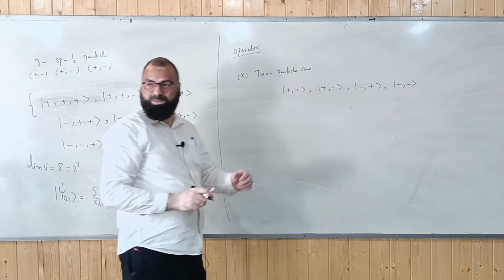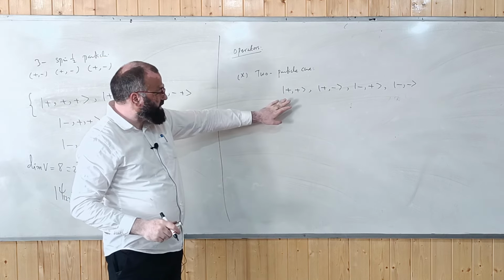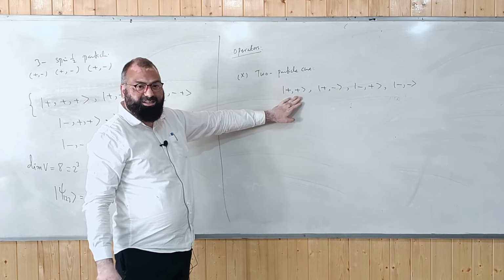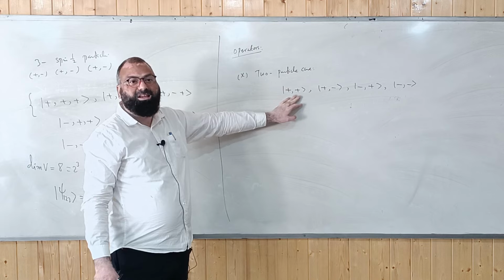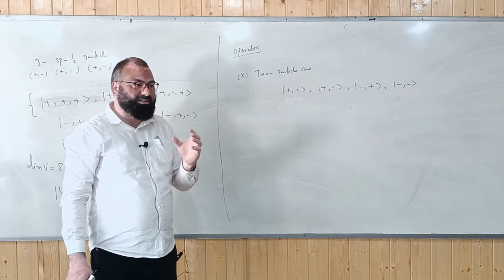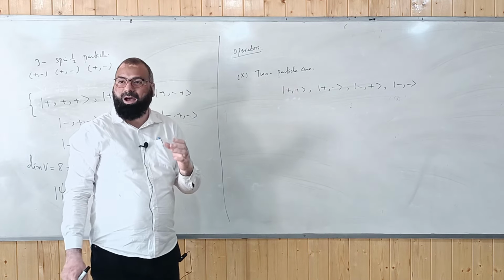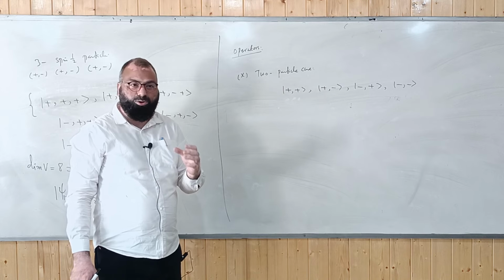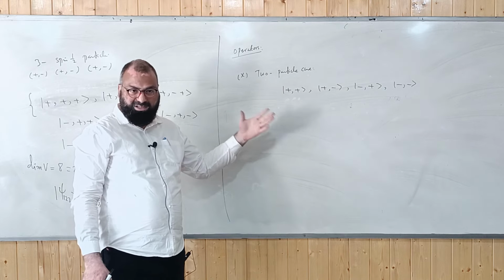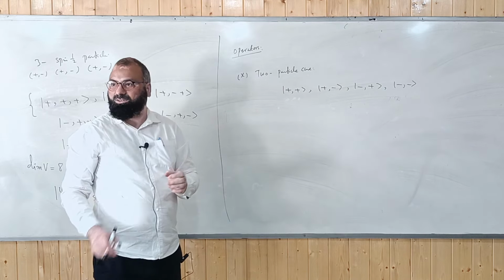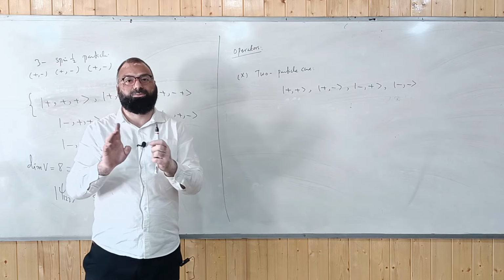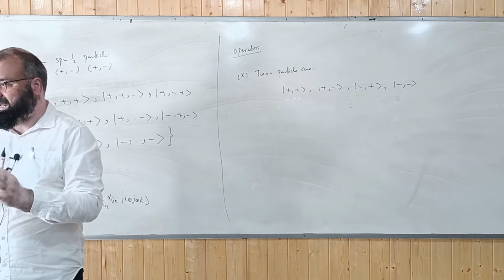Okay, so tell me, what is the total angular momentum of this very state? Let's ask this way: how can I calculate the total spin angular momentum of these states? I have two spin half particles.